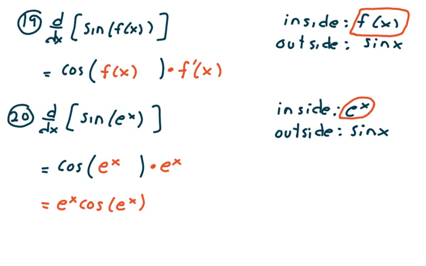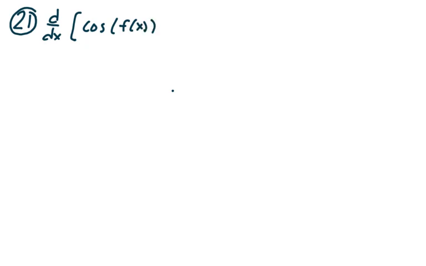Let's take a look at 21. Suppose I want the derivative of cosine of f of x. What's inside? Same game. The inside function is f of x. What's outside?